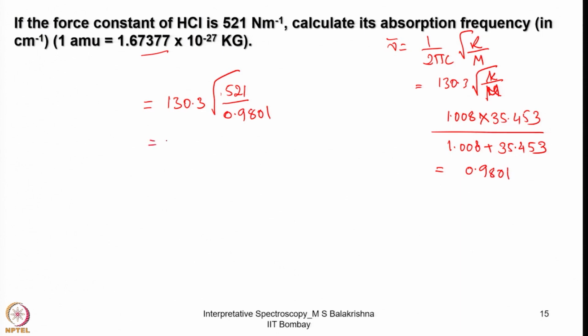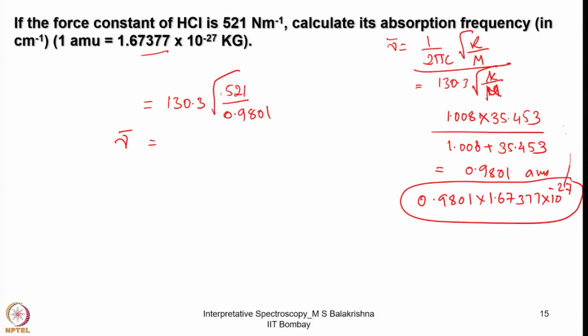You can get the value mu directly here, or you can make it square so that we can remove the square root. Or if you want to use the other equation, we should multiply this value obtained in atomic mass unit by 1.67377 × 10 raised to minus 27. And then we have to use this value for mu here. Once we do that, we can get approximately 2990 centimeter minus 1. You can verify that. You can use both methods and you should be able to get the correct value here.